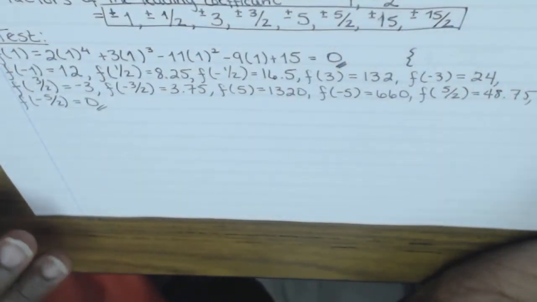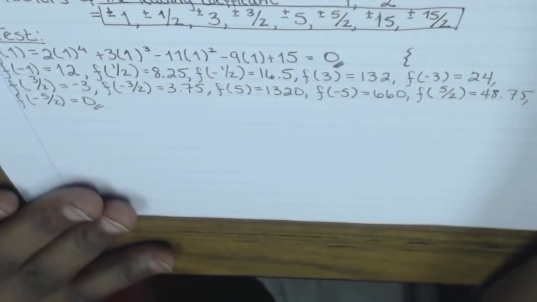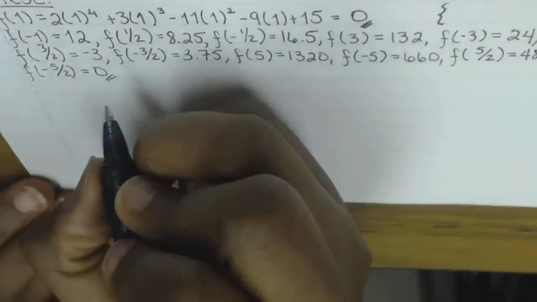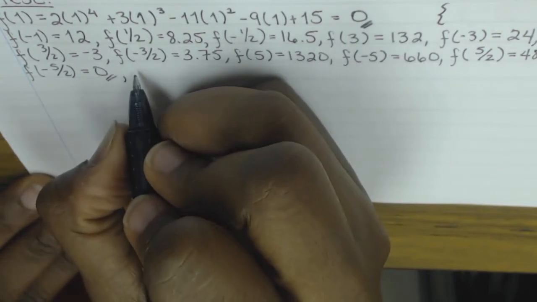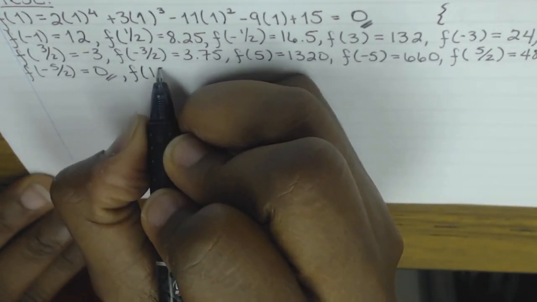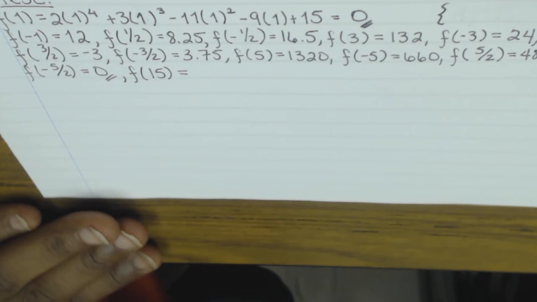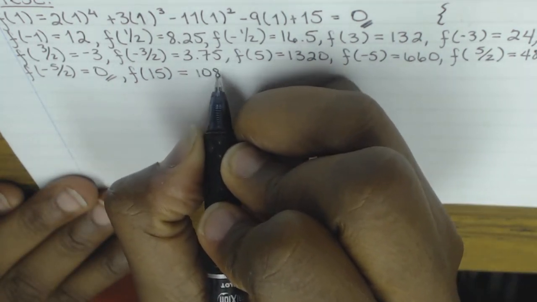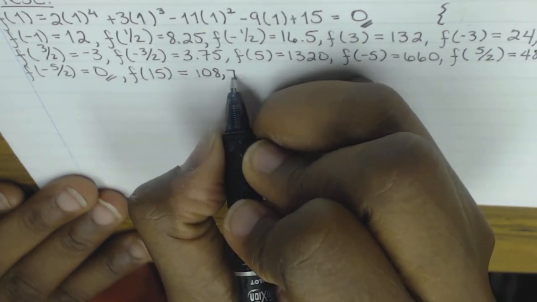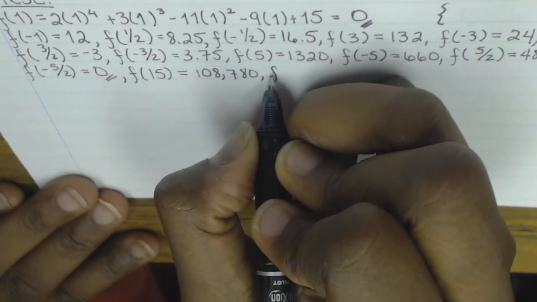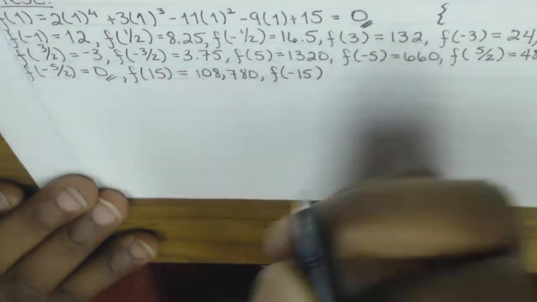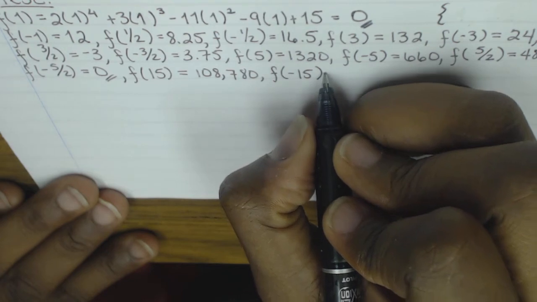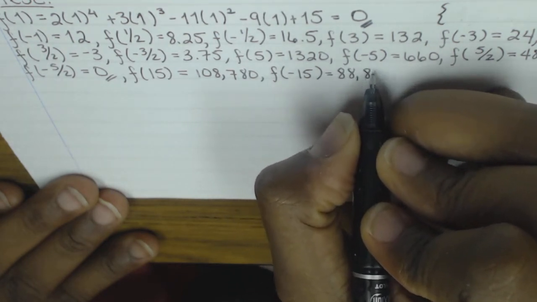I'll write them all when I find them all. I have f of 15 gives me 108,780. F of negative 15 gives me 88,800.